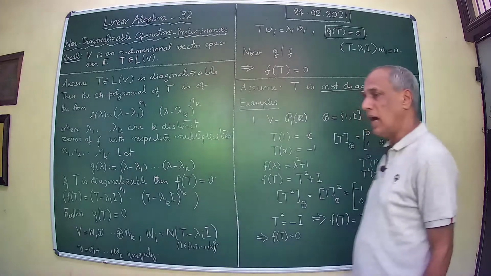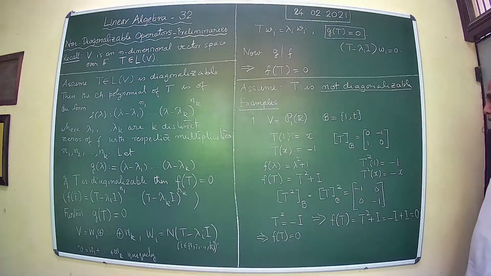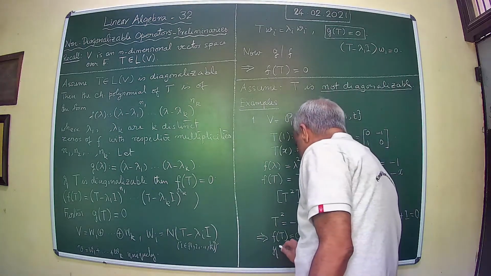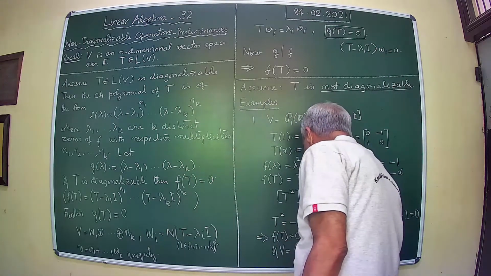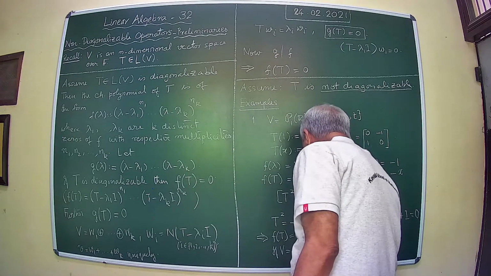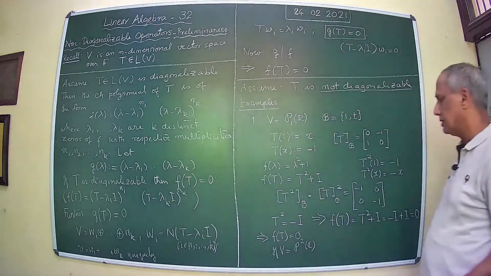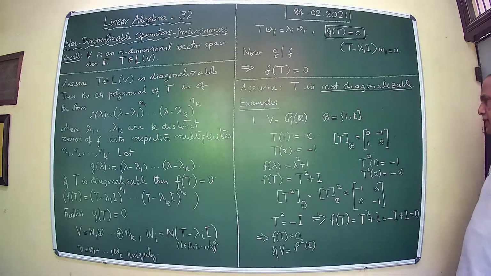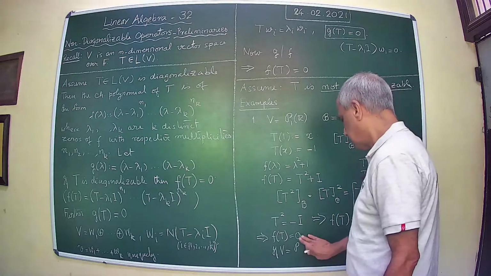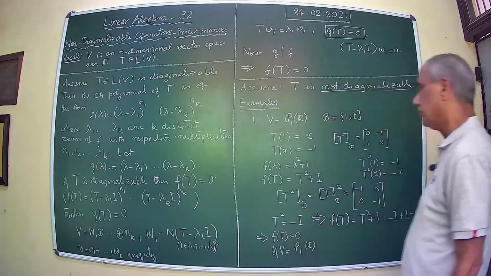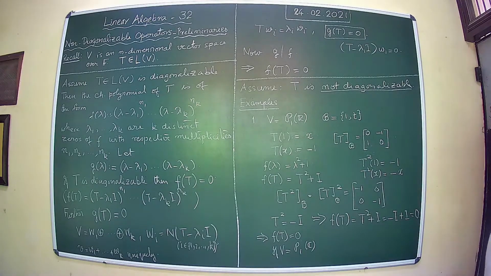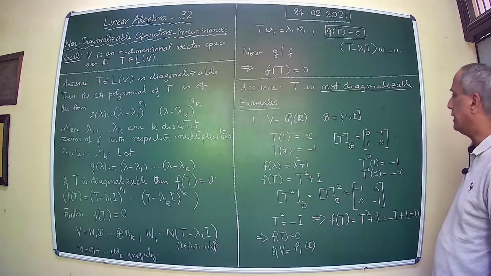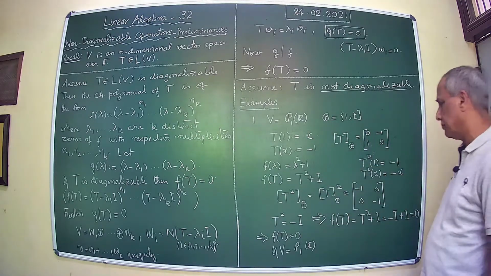Okay. However, we have seen that if V is taken as P1C, that means with complex coefficients, all polynomials of degree less than or equal to 1 with the complex coefficients, and then we proceed in the same way.